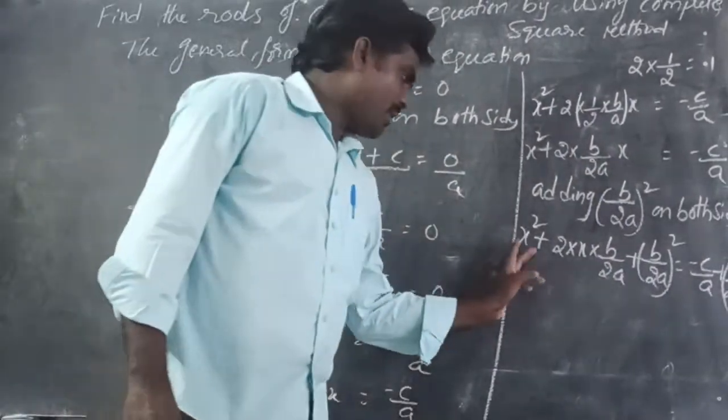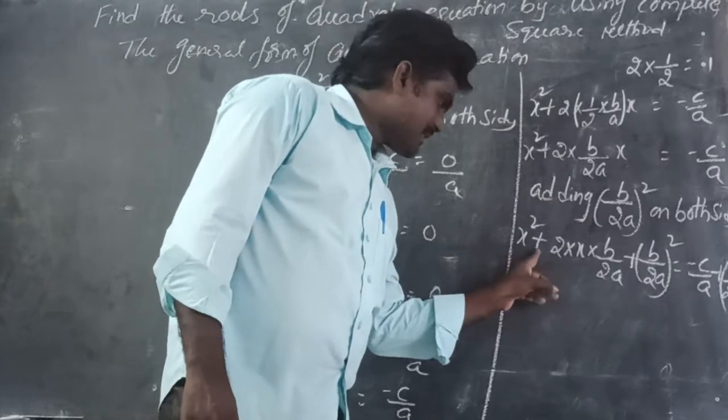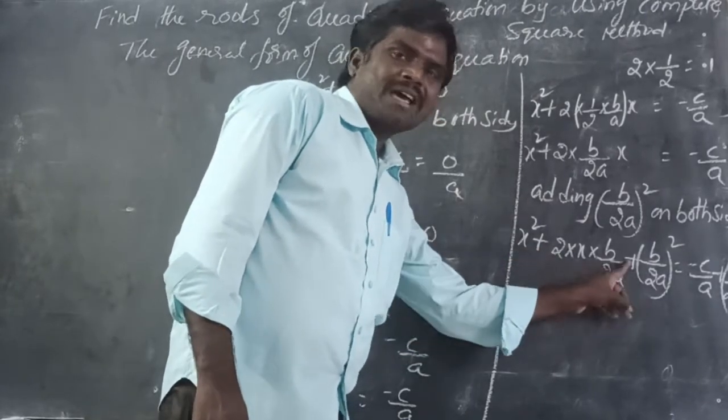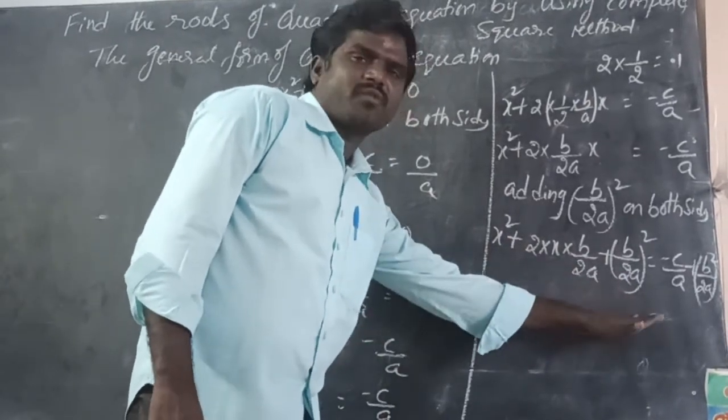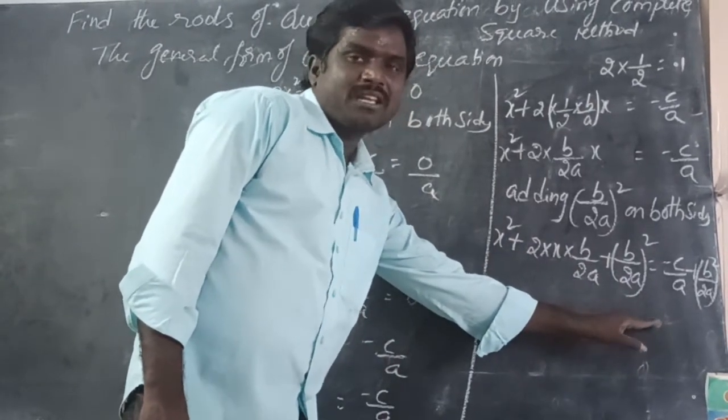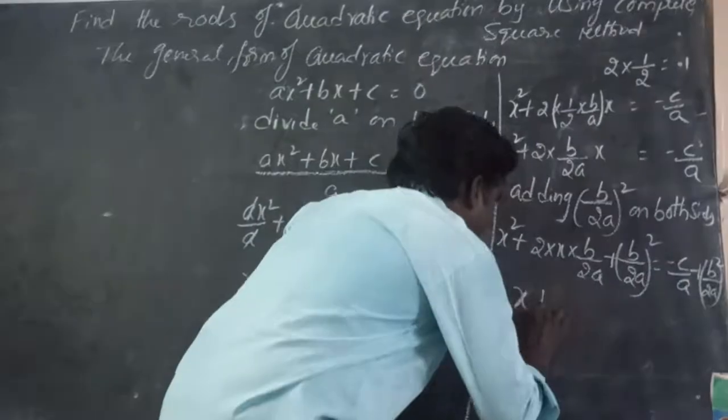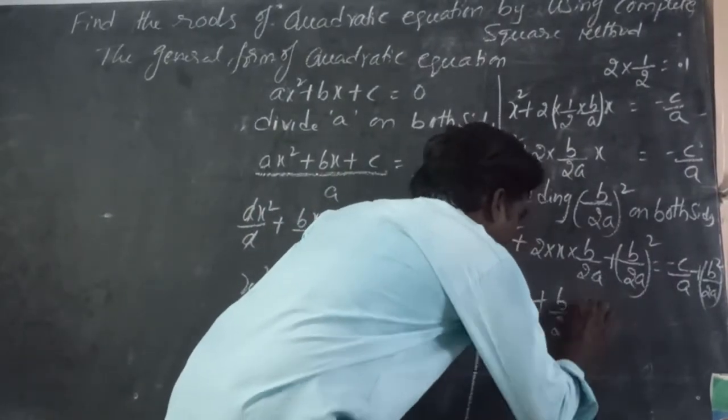Okay, so now it is in the form of a square plus 2ab plus b square. So what is the formula? a plus b whole square. That is x plus b by 2a whole square.